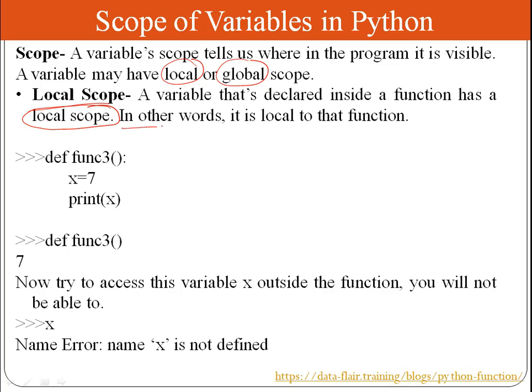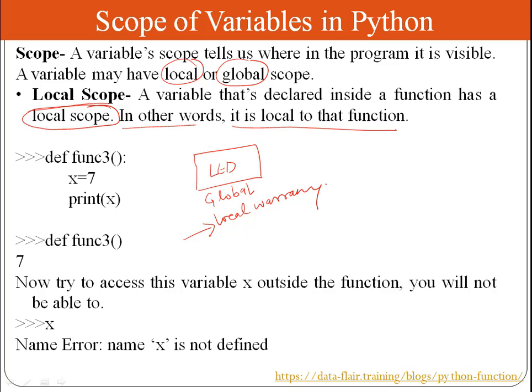Let's take the example of purchasing a TV, LCD, LED, whatever. Some persons have a global warranty, some have a local warranty. What do you mean by that? Local warranty means the warranty is applicable only within some region. With a global warranty, wherever you go, you can avail that warranty.